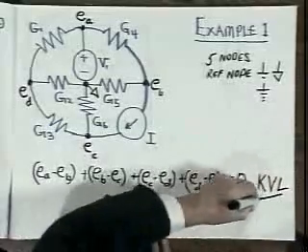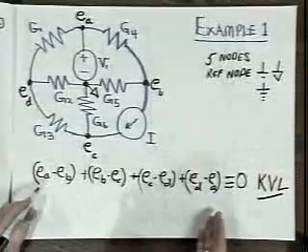Kirchhoff's voltage law. Now, if you look at this equation, it's clear that every node voltage appears twice, with opposite signs on those occurrences.